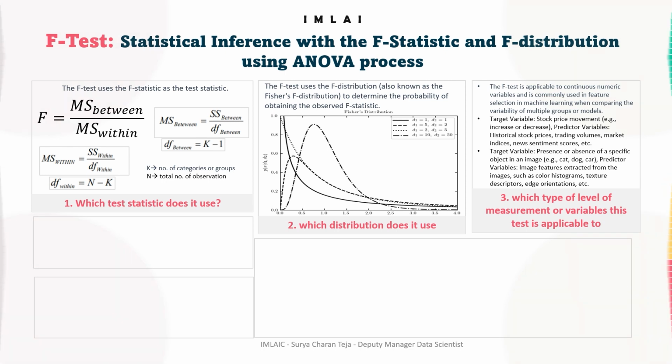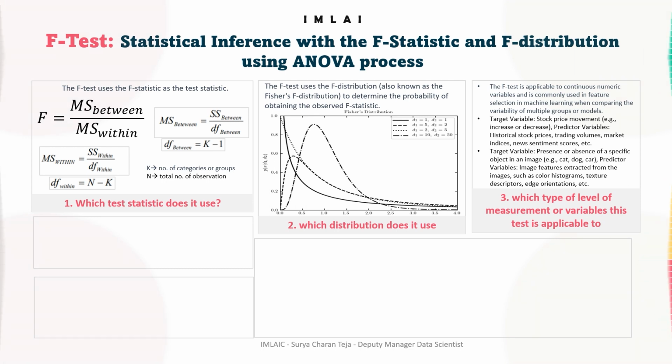So this helps in selecting the most discriminative features that contribute to accurate object recognition. So these are some of the best examples that we can always look at to explain which type of variable this test can be applied to.